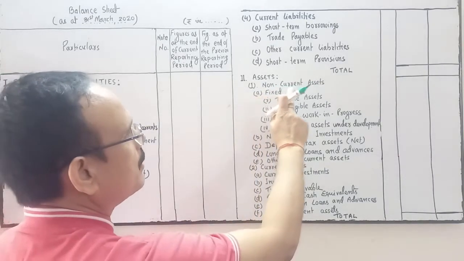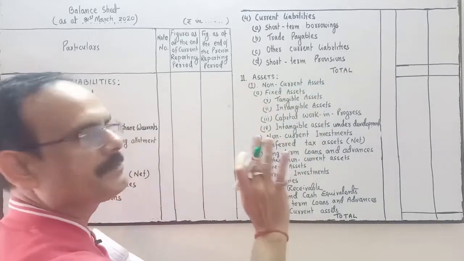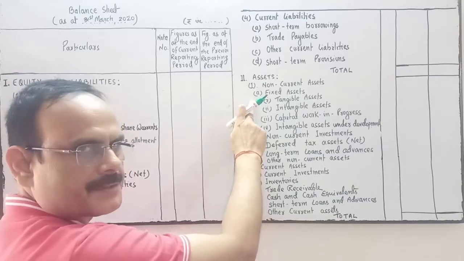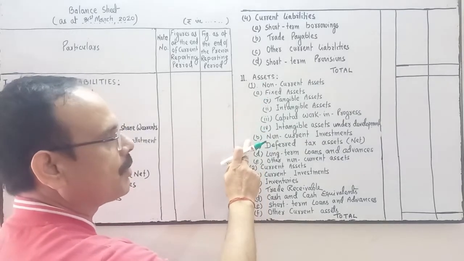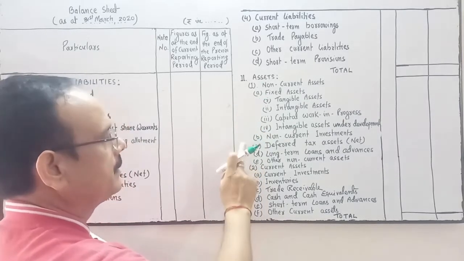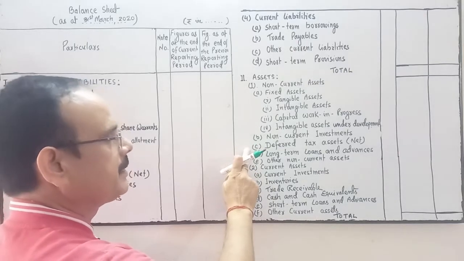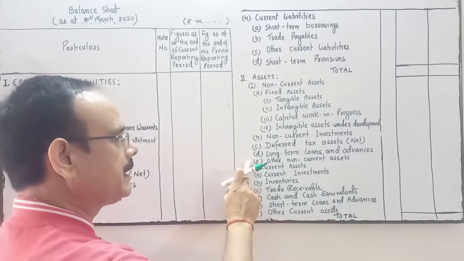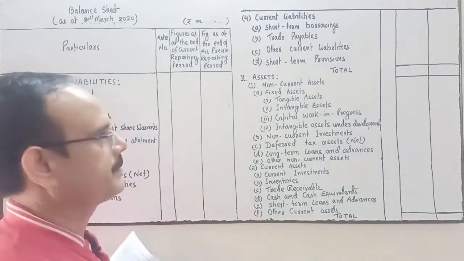So under the non-current assets, the 5 subheadings. Subheading number 1, fixed assets. Subheading number 2, non-current investment, then deferred tax assets, long-term loans and advances, and other non-current assets.